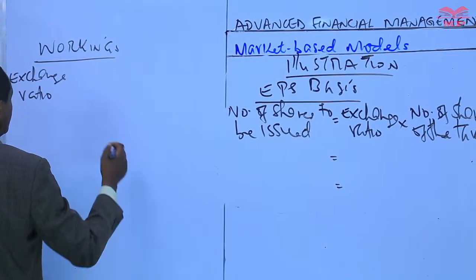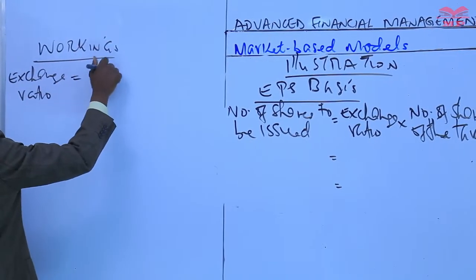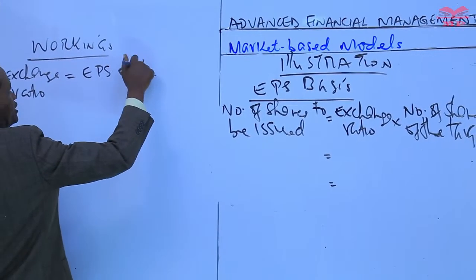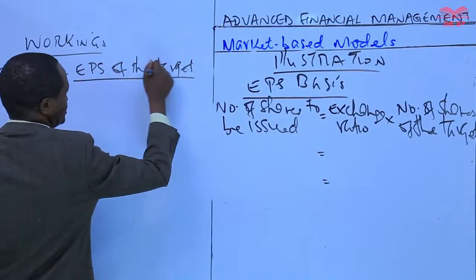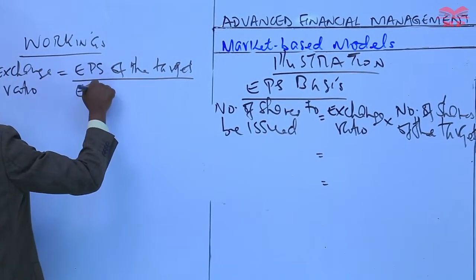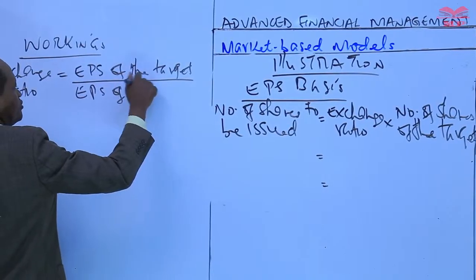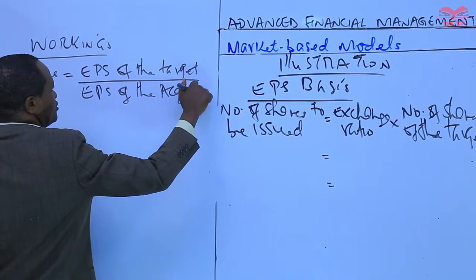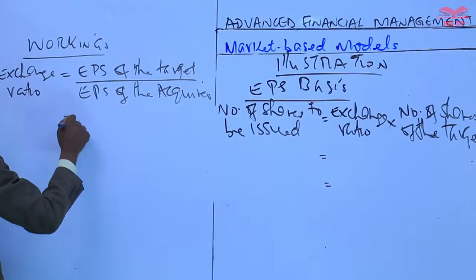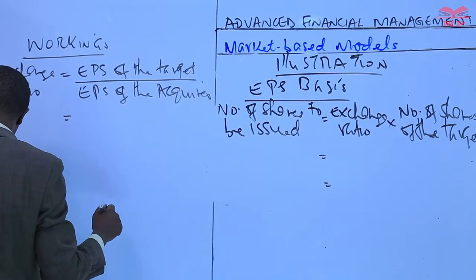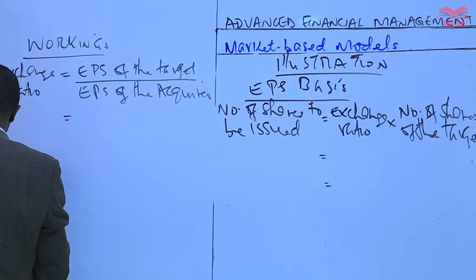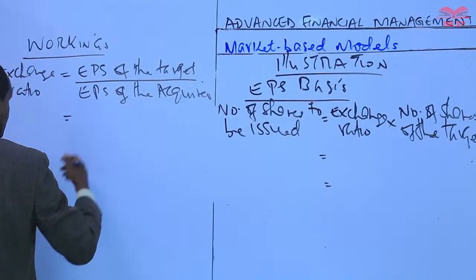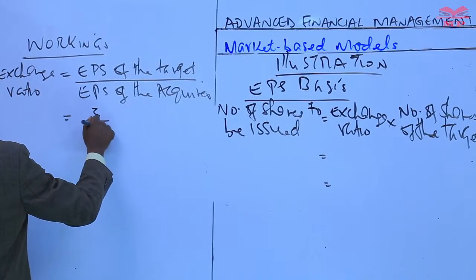So the exchange ratio would be the EPS of the target divided by the EPS of the acquirer. What is the EPS of the target from the question? From the question, number 2, the current EPS is 2.4 and 3. So we have 3 divided by 2.4.